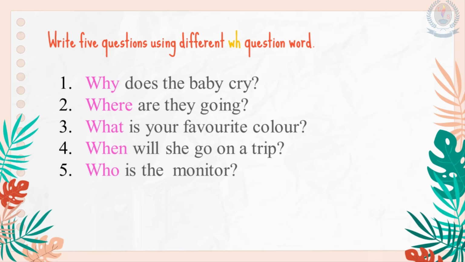Number 3, what is your favorite color? Number 4, when will she go on a trip? Number 5, who is the monitor? So, by looking at these questions, you can even think of your own questions.